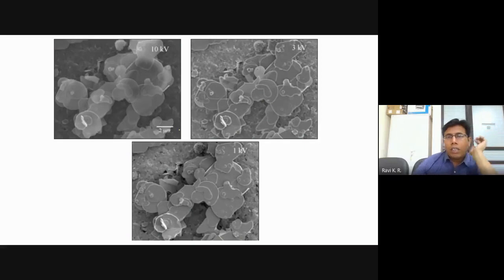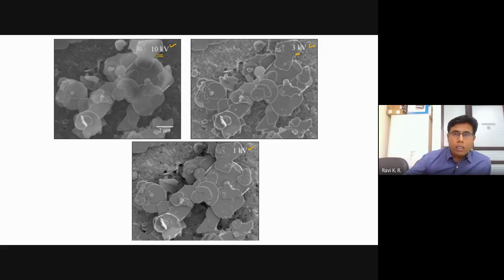Here you can see that when you decrease, let's say this is 10 kV, this is 3 kV, this is 1 kV. Now you compare the resolution, everything else is constant. Beam diameter is dependent on the voltage, but let's say you keep everything else constant, the working distance and the convergence angle. Only you change the variable, the voltage.